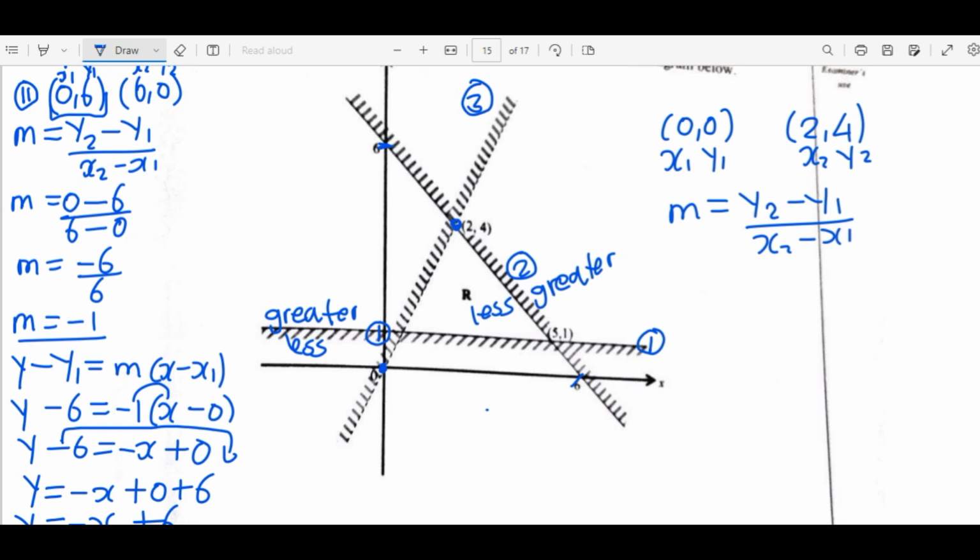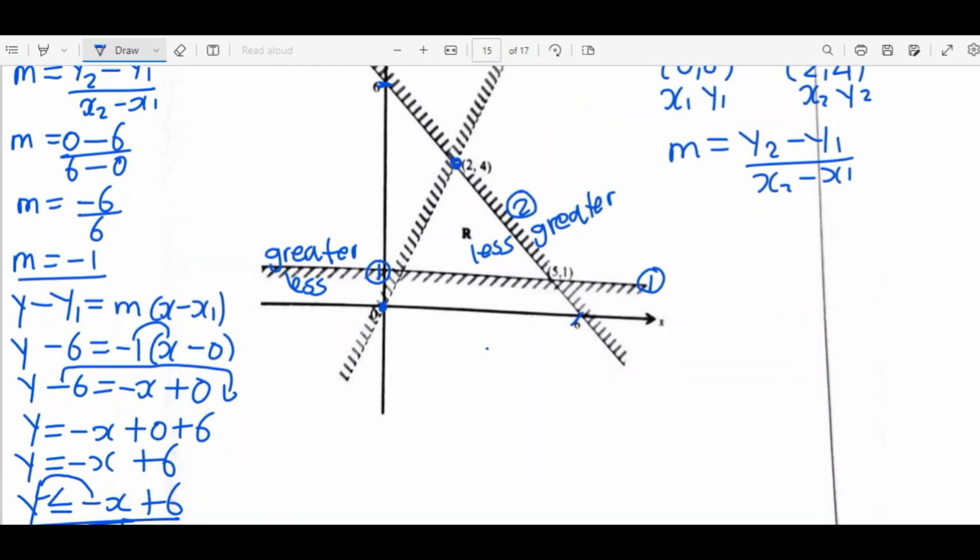So it's the change in y. So the y has changed from 0 to 4. So we need to find the difference between those two numbers. So it's 4 minus 0. Then the x has changed from 0 to 2, which is 2 minus 0.